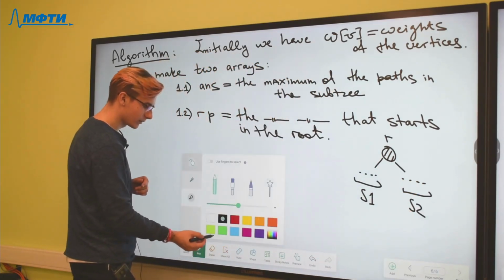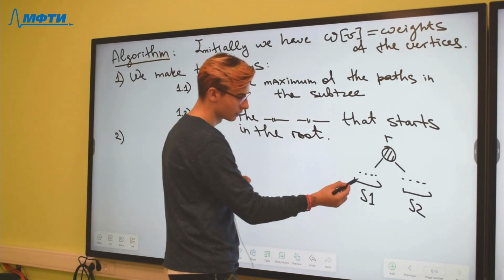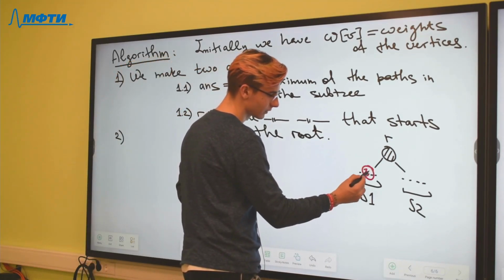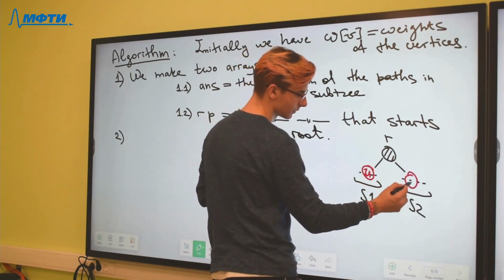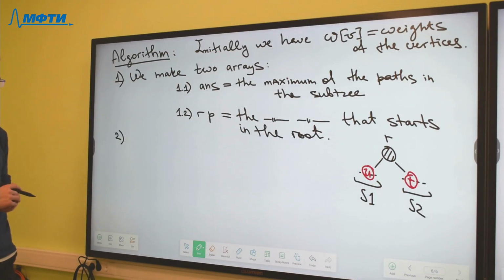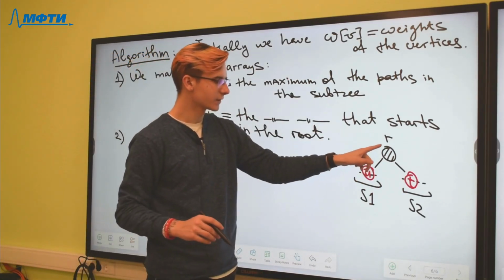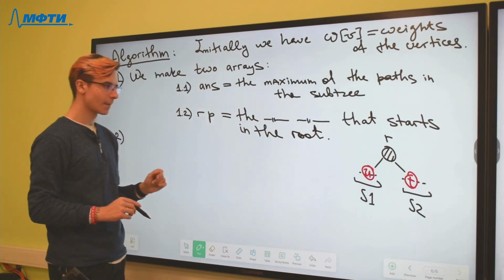And I name the adjacent vertices U and T, for example. That is, they are adjacent to the root of the tree.